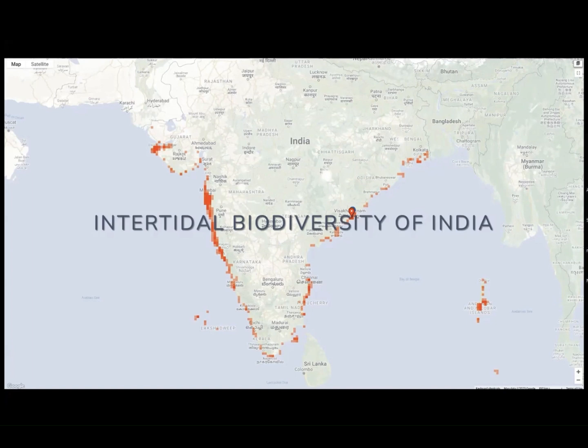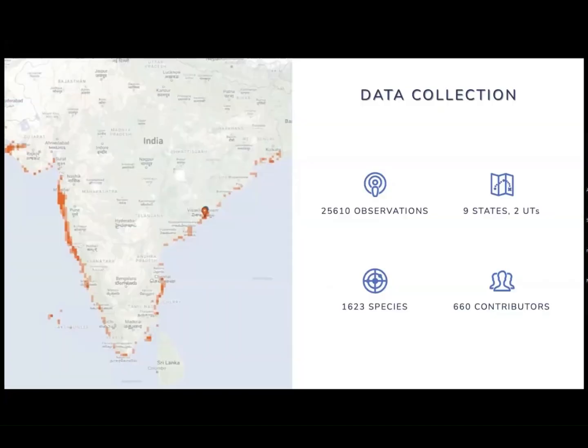This is a project right now on iNaturalist, where we have observations from all 9 coastal states and both union territories across India. It has 25,610 observations, and it has 1,623 species so far and 660 contributors.